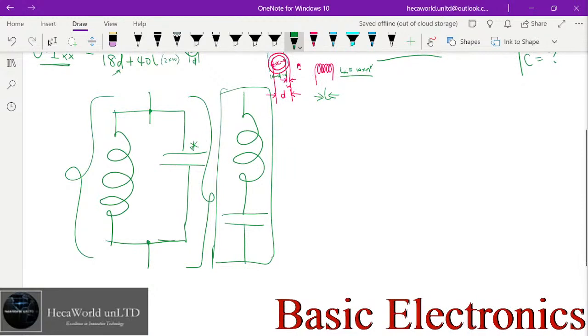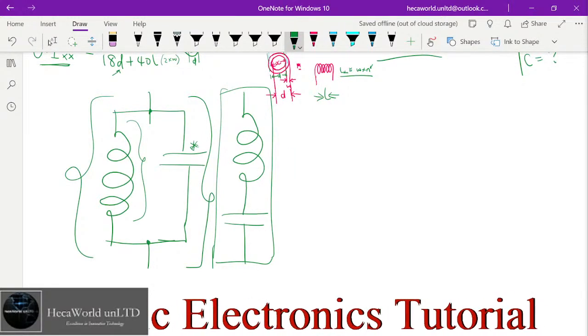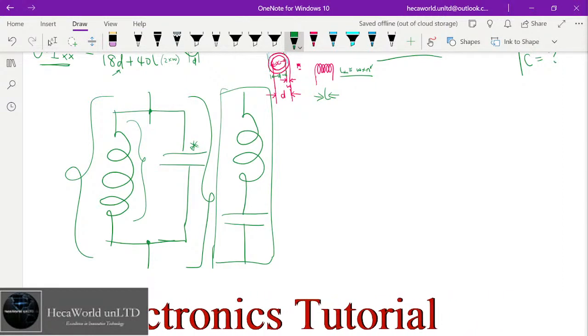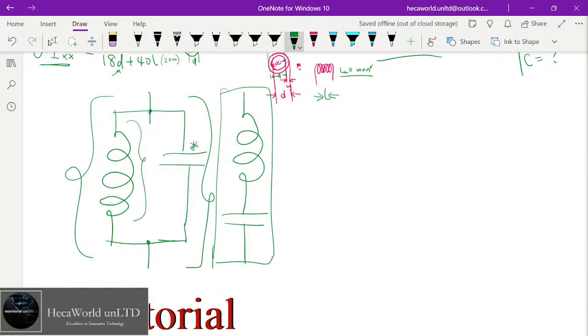Because our C was fixed, the only variable component for us was the L, and we were able to change the value of L by changing the length of the magnetic circuit. The circumference or the diameter was fixed in a sense. The number of turns was also fixed after making the coil. The only thing we can change easily without disrupting so much was the length of the magnetic circuit, which means the length from here to this point.